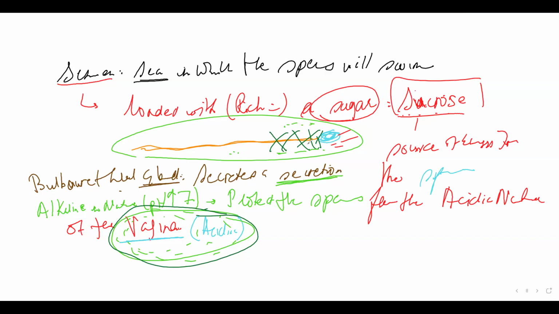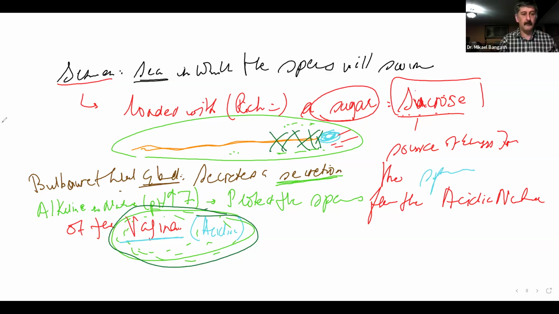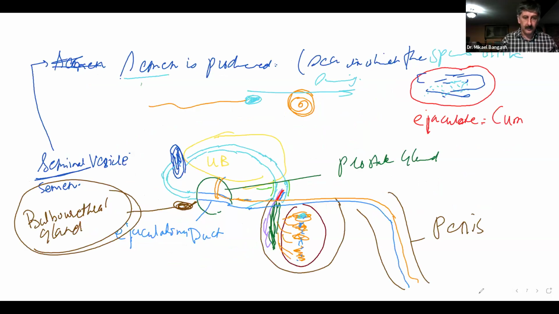So that gland is stemming off of the urethra. If you look at it, it's right before where the spermatic cord enters the prostate.